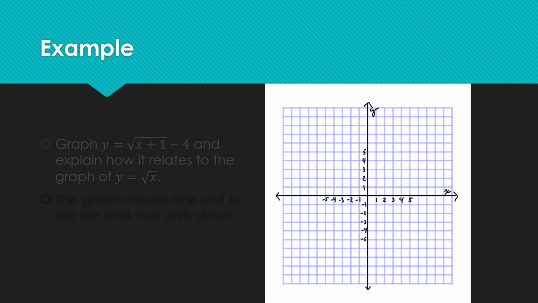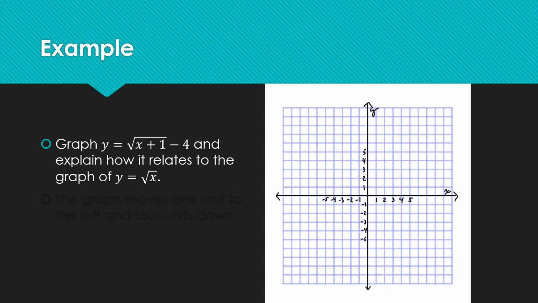Here's a graphing example. Let's graph this function and explain how it relates to the parent function. The plus 1 on the inside tells me that it's going to move to the left 1 unit. The minus 4 on the outside tells me it's going to move down 4 units. So from 0, 0, I'll go down to negative 1, negative 4.